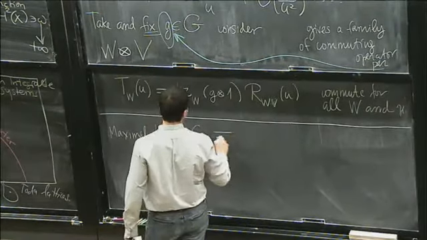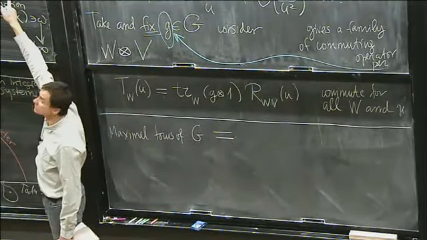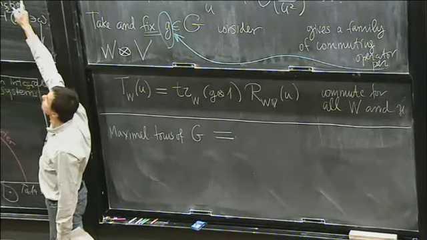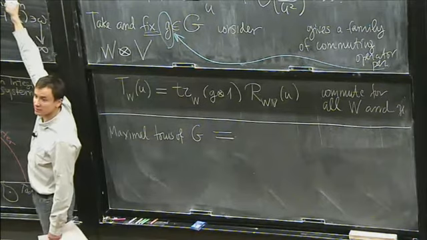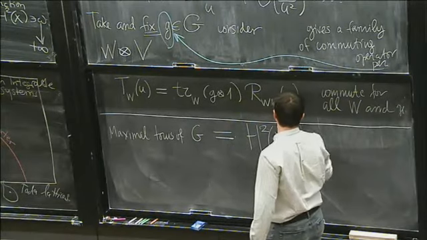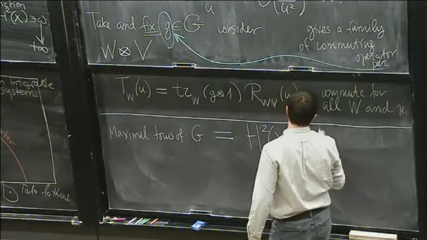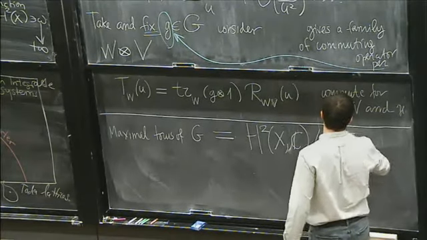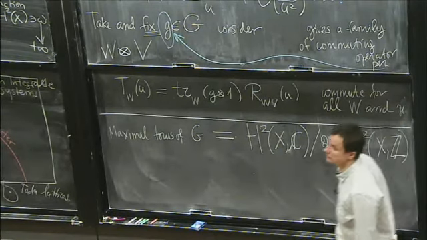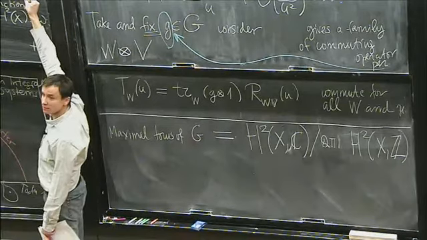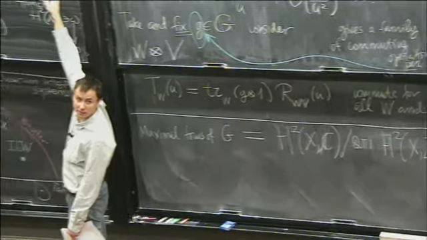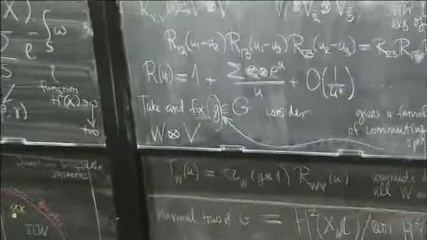This thing is not going to change if I replace omega by 2 pi i times an integral cohomology class, because this exponential is not going to change. So this will be H2 of X, C, modulo 2 pi i H2 of X, Z. Is that clear? If I shift my omega by 2 pi i times an integral form, the integral is going to be an integer over any holomorphic sphere, and so this is not going to change.